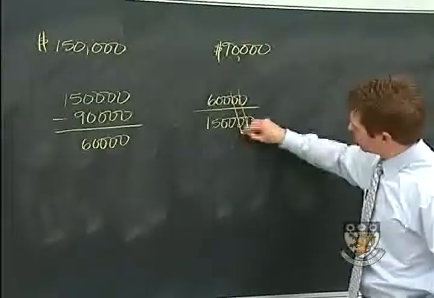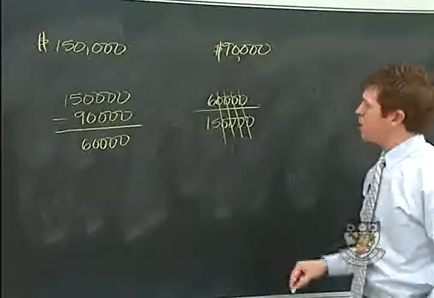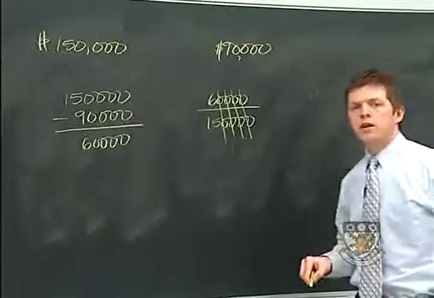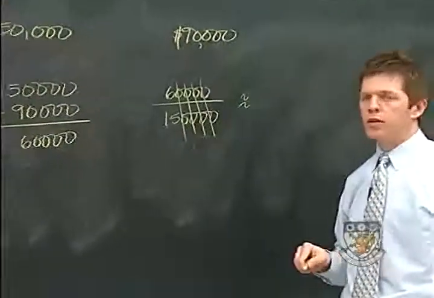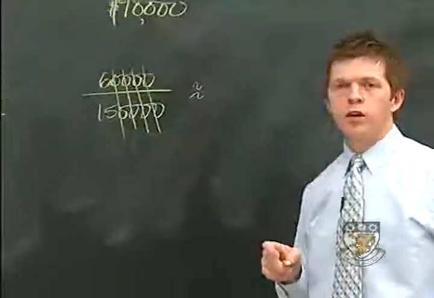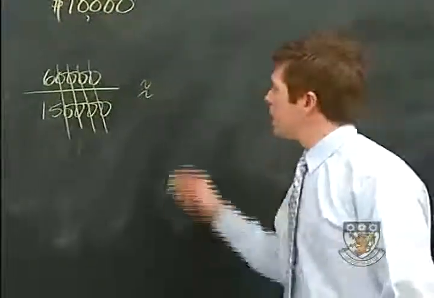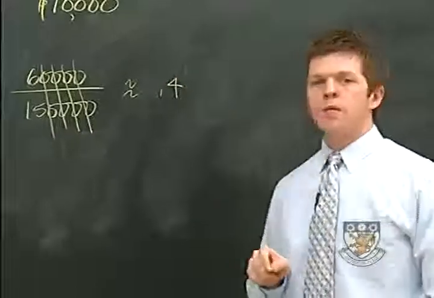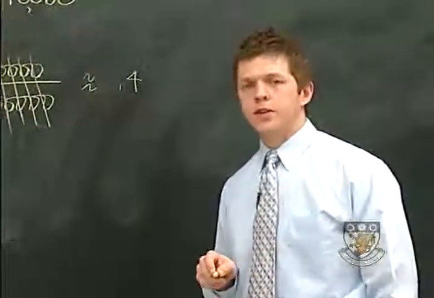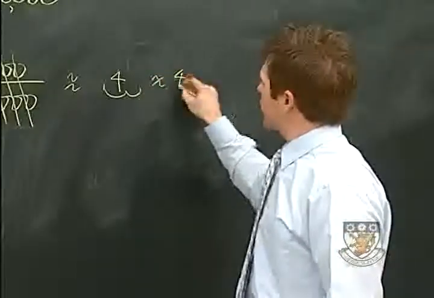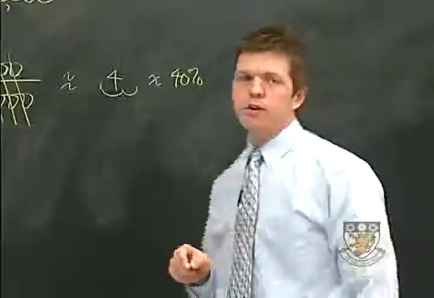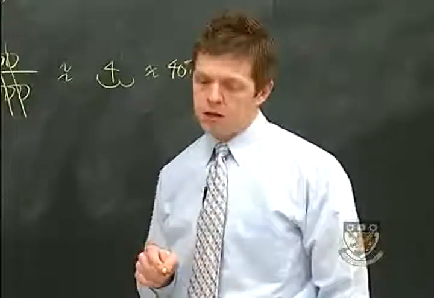If you get rid of these zeros here, we're going to end up with 6 over 15. That equivalent decimal, if you divide 15 into 6, which we've already done, so we'll skip that step, is 0.4. Remember, the question is they want what percentage. We know we move the decimal 2 places, so that is going to be equivalent of a 40% drop in the value of a condo. Quite a bit.